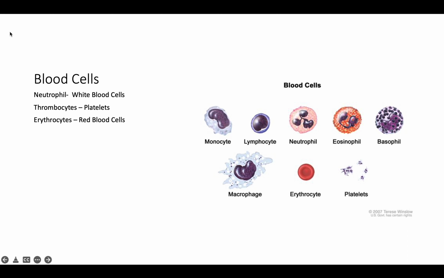Thrombocytes are platelets. Their primary job is to clot blood or help with the clotting process. And then we have erythrocytes or red blood cells. Their primary job is to transport oxygen and carry carbon dioxide away in a molecule called heme. This makes up the component of hemoglobin when we look at blood counts.